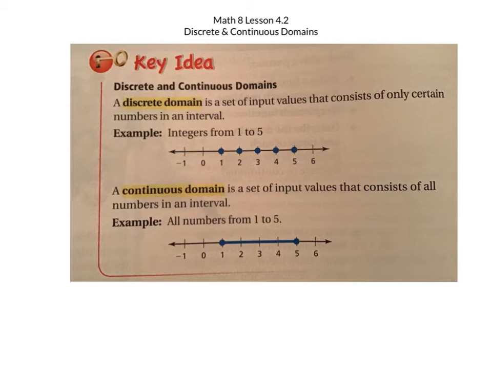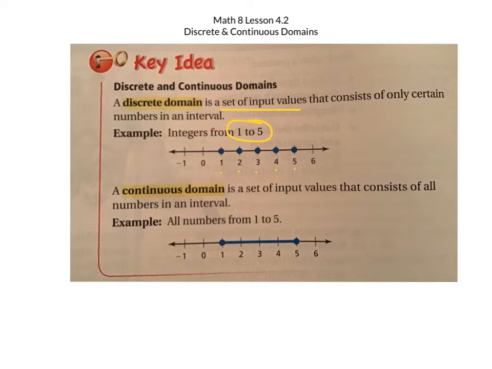All right, so let's read about what a discrete domain is. It's a funny word, discrete. A discrete domain is a set of input values that consists of only certain numbers in an interval. So, for instance, a discrete domain includes the numbers 1, 2, 3, 4, and 5, specific to those numbers.